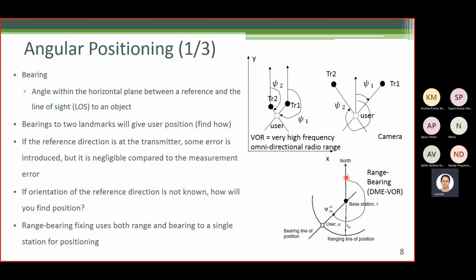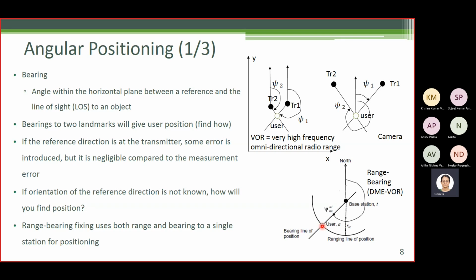Bearing is calculated with respect to the north at the transmitter as per this figure, and then the range to the transmitter is also calculated. We know that for constant bearing, the line of position is a straight line. So this is the line along which the user is located. And the line of position for the constant range is a circle, right? And we know that a straight line intersects a circle only at one point.